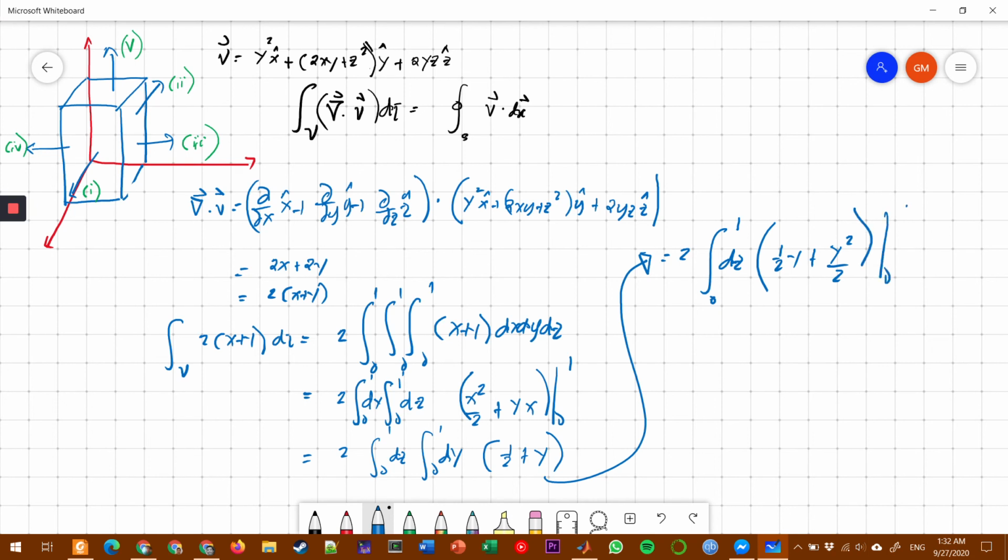And then this is evaluated from 0 to 1. Okay, so evaluate it from 0 to 1. So this becomes 1/2 plus 1/2, right?